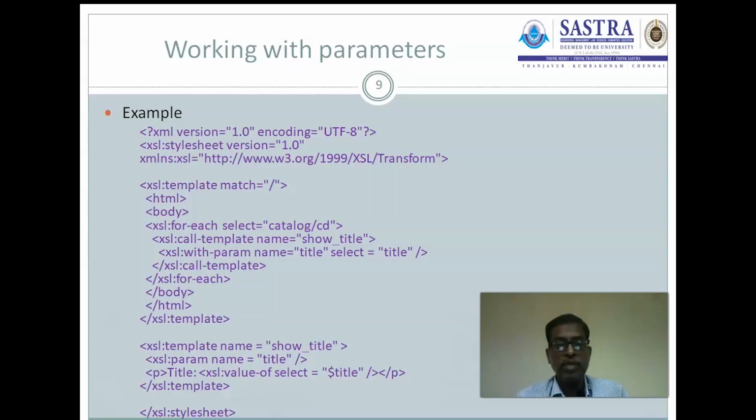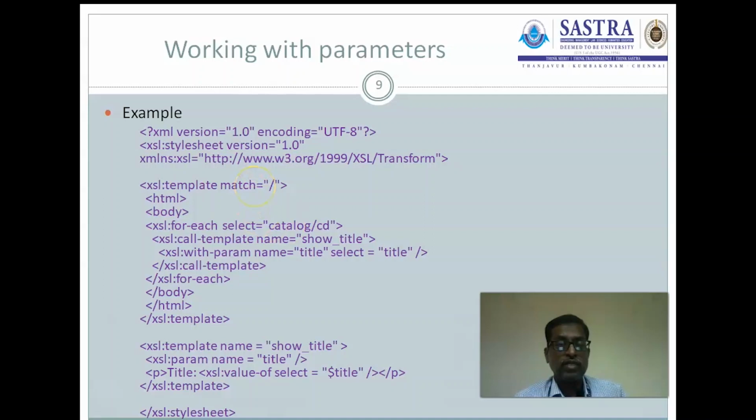What is the template? That is also available at the bottom. xsl:template name equal to show title, xsl:param name equal to title, xsl:value-of select equal to $title, that variable value is substituted here. And then close the template, close the stylesheet.